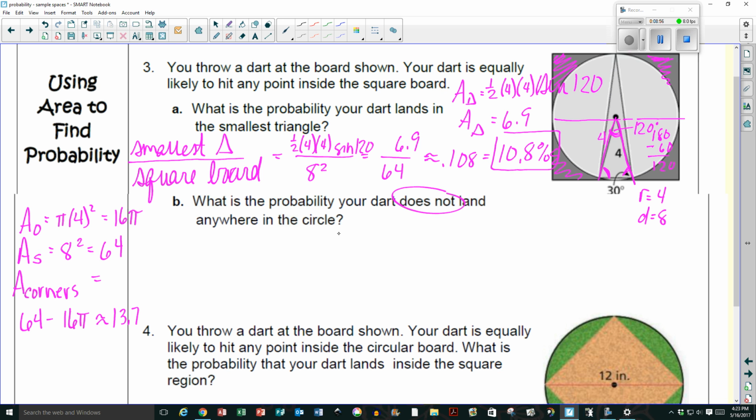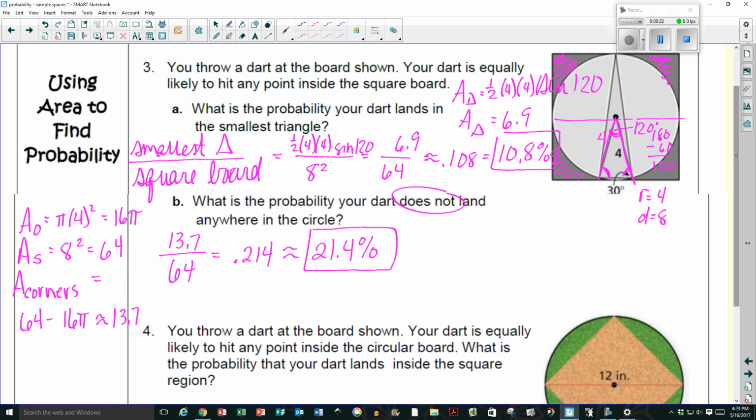So if I don't want to land in the circle, that means I want to land in the corners. So that means the probability is 13.7 over, I can still land anywhere though, which is 64, which is 0.214 or 21.4%. So you got about a 21% chance of landing in the corners, which is slightly higher than landing in the small triangle.